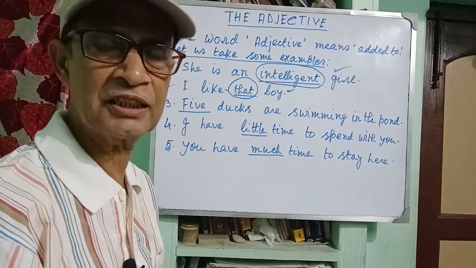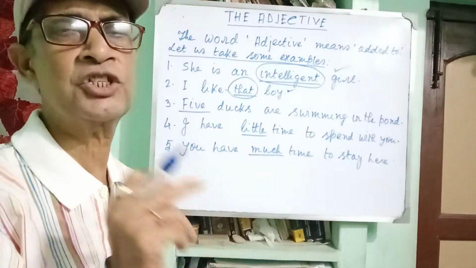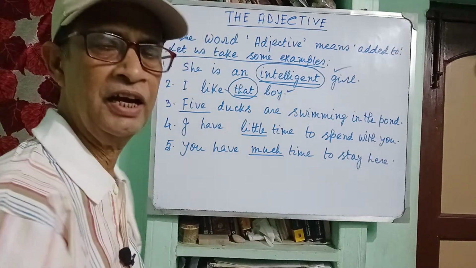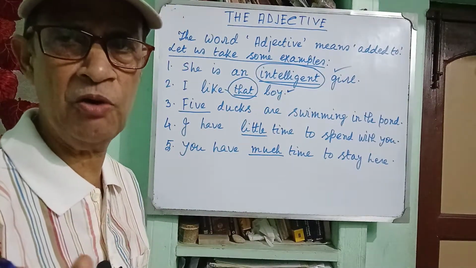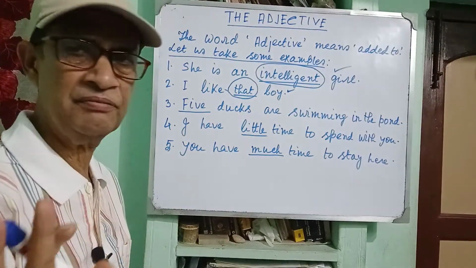So here the function of that is adjective and it is qualifying the noun boy. It is just specifically pointing out the boy. Clear?